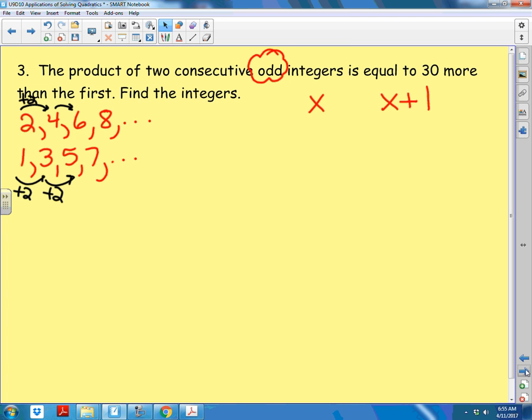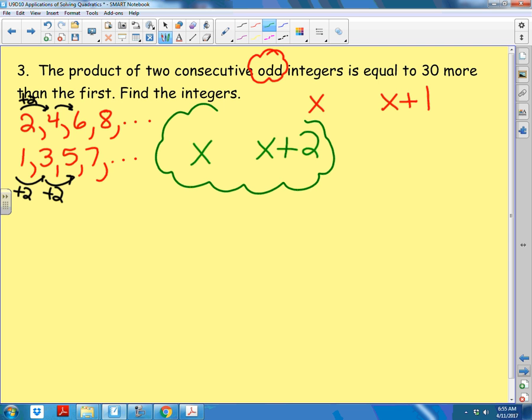Therefore, to write two consecutive odd integers, we would need to start with an x, and then we would need to add 2. This is, guys, how you algebraically represent two consecutive odd or even integers. So what it says is the product of these two, which means x times x plus 2.